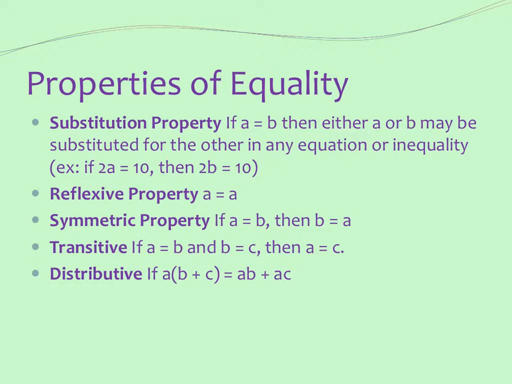The reflexive property is anything equals itself. Think about when you look at yourself in a reflection. You would be looking at yourself. Anything equals itself is reflexive. Symmetric says if A equals B, then B equals A. So you're just switching the order.